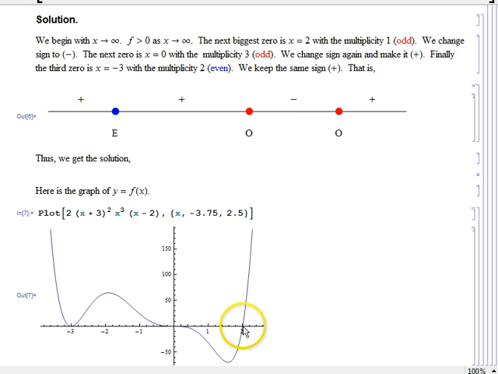As you can see, at x equals 2, we have a crossing, so we have a sign change, plus becomes minus, and crossing is kind of like linear. At x equals 0, crossing is kind of like a third power function, and at x equals negative 3, we hit and bounce back, pretty much like a second power function, a quadratic function.